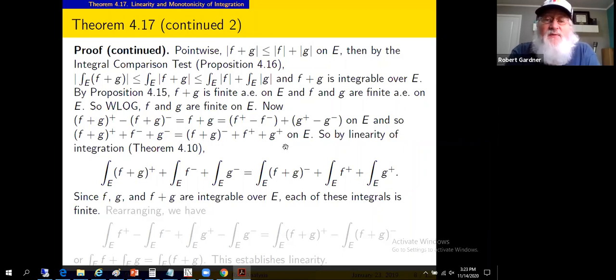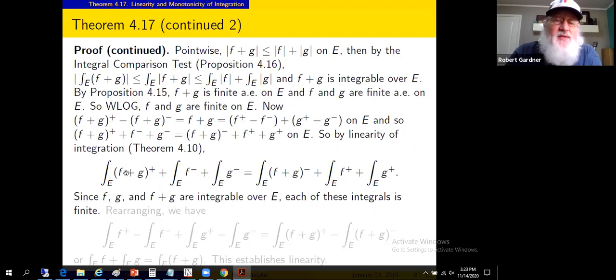Okay, each of these functions, notice I've got plus signs in front of them. So everything we're dealing with here is a non-negative function. So we've got non-negative functions all over the place. And we've got linearity when we're dealing with non-negative functions because that's class 2. So let's integrate both sides of this equation. We'll have the integral of this plus the integral of this plus the integral of this, using the linearity from class 2, Theorem 4.10, which we've used over and over again.